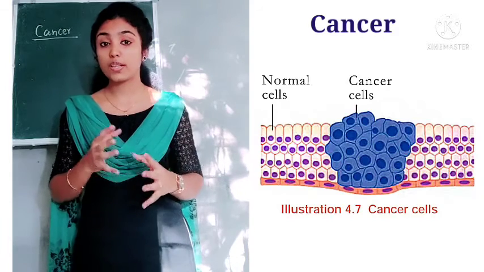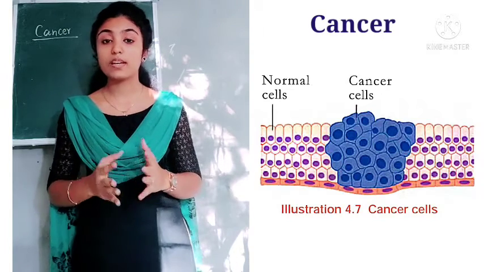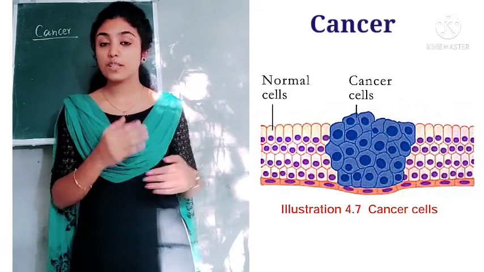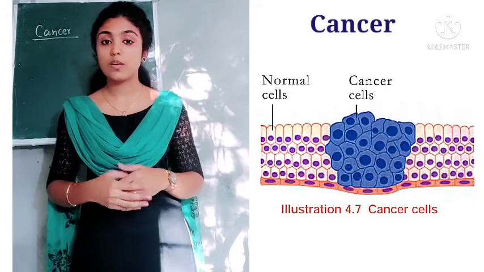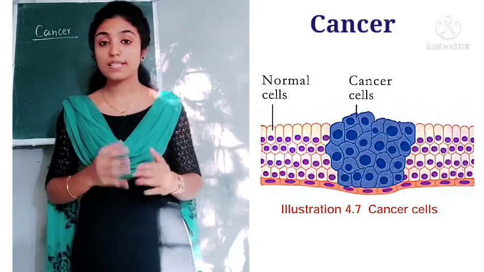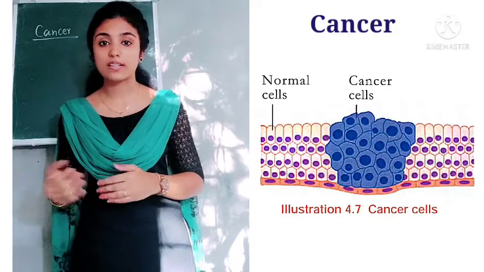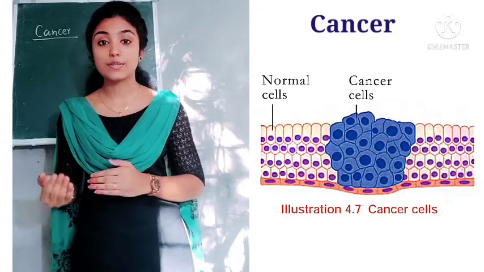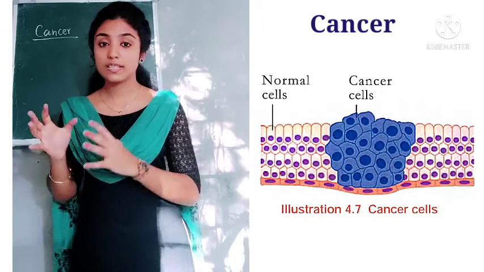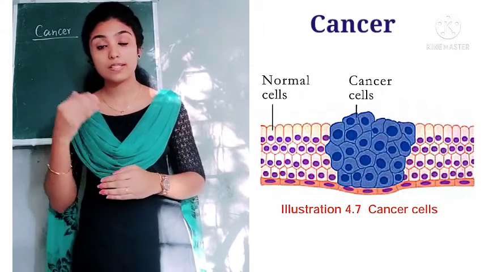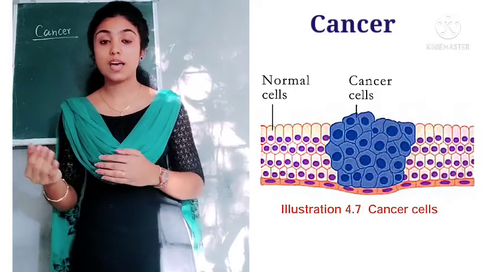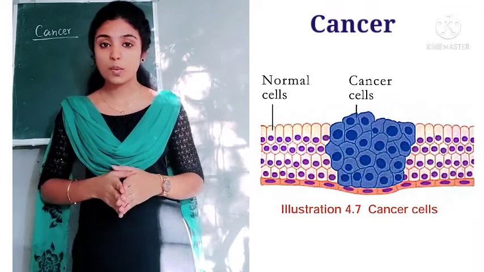So there is a controlling system in our body to limit cell division. But if this controlling system fails, our normal cells get converted into cancerous cells, and this leads to cancer. These cancerous cells may spread to other tissues, and this condition becomes complicated.